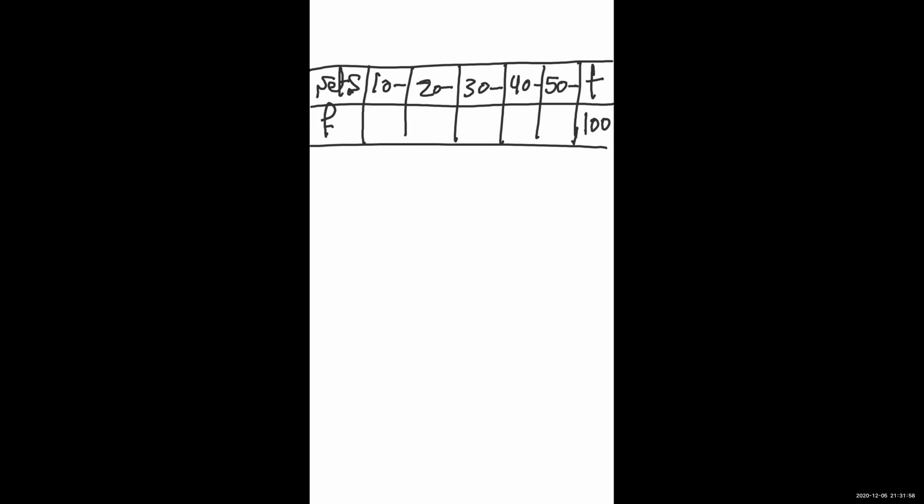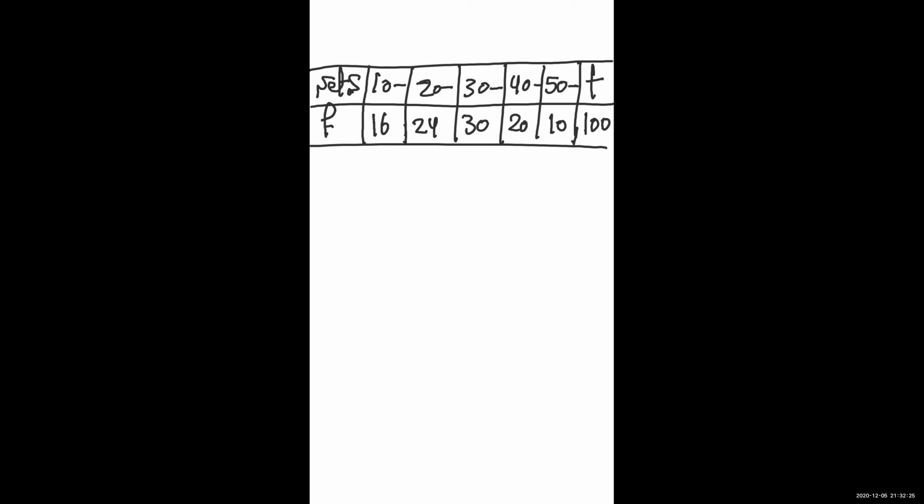So the frequency is 16, and then 24, then 30, then 20 and 10. Find the mode mark. How to get the mode mark in this case, guys? Actually, it's very easy. Just concentrate with me.